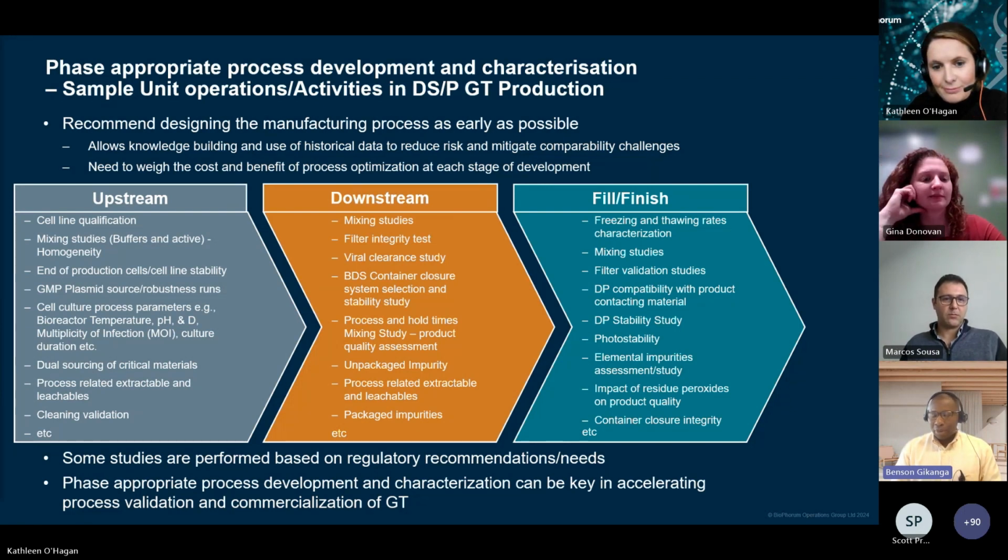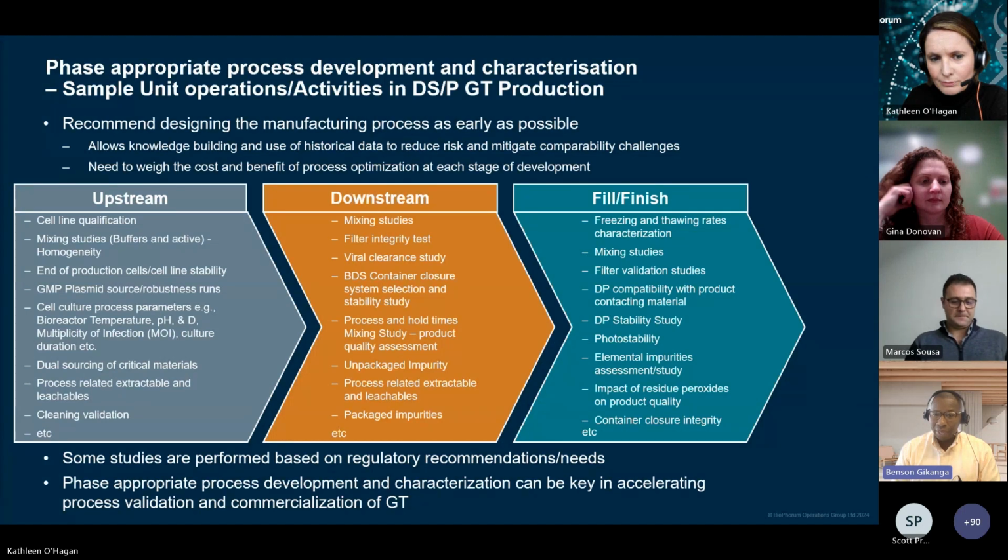So for the next part of the slides, as far as the phase appropriate studies go, I will mainly focus on gene therapy, and that was on purpose, mainly because, as you heard from Marcos as well as from Catherine from the beginning, it's fairly hard to do the same thing for cell therapy. But for gene therapy, there are a few things that we can still leverage from traditional biologics.